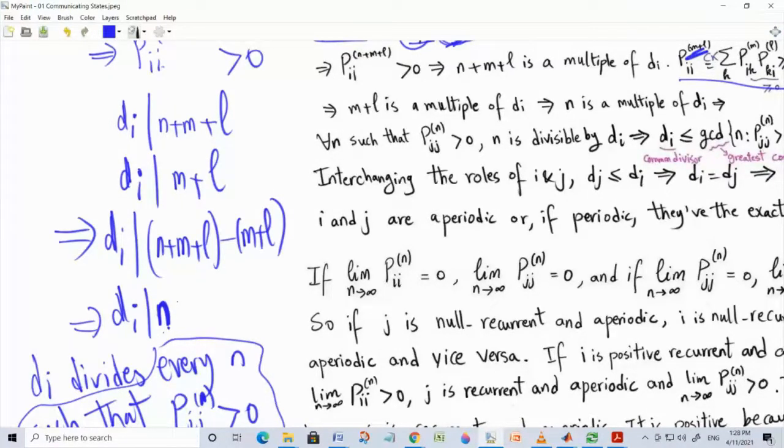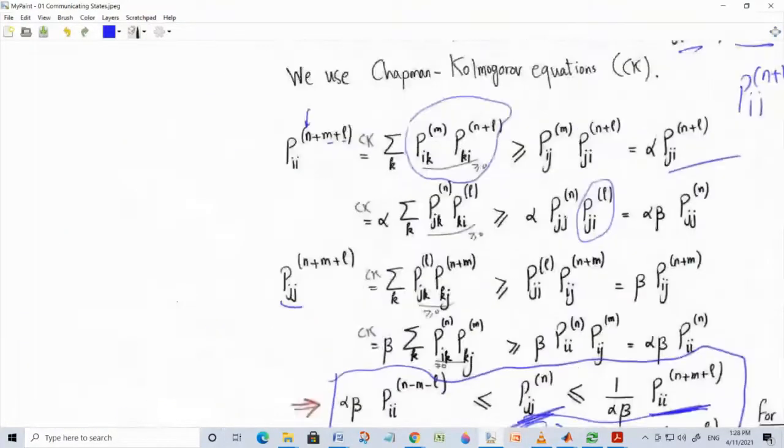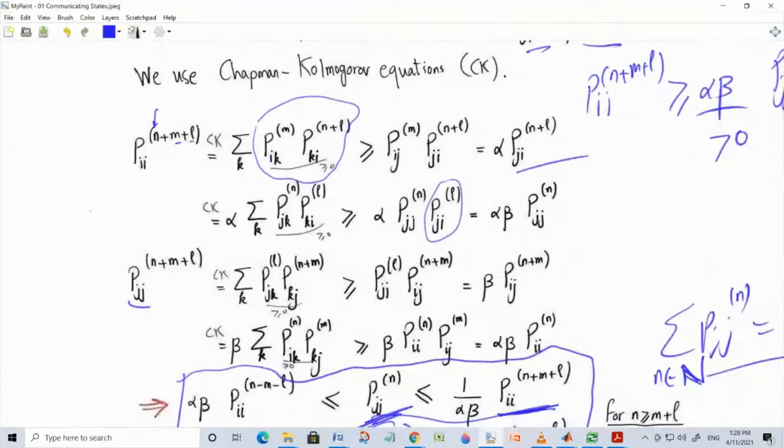And then we can repeat the same argument, swapping the roles of j and i, because again both states communicate. As we did above, you can start from i and end with something related to j, but you can also start from j and relate it back to i.